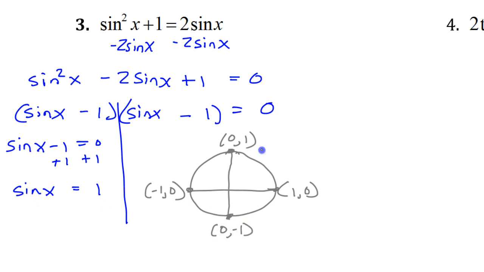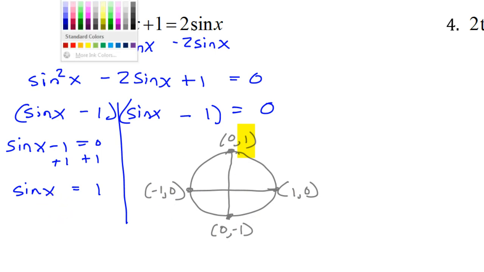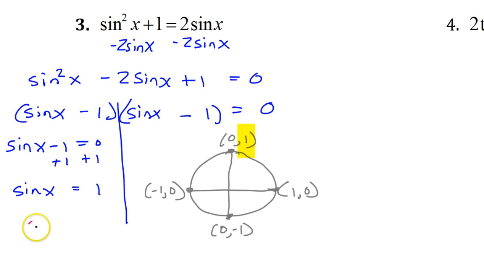Sine is a y value on the unit circle, so we're looking for y values of 1. Okay, there's 1, and that's it. So there's only one solution to this equation, and it is x is equal to pi over 2. The sine of pi over 2 is 1, and there's no other option. So that is the only solution to this equation.